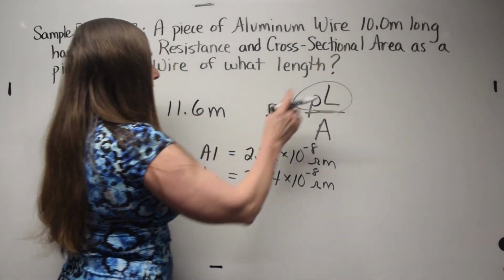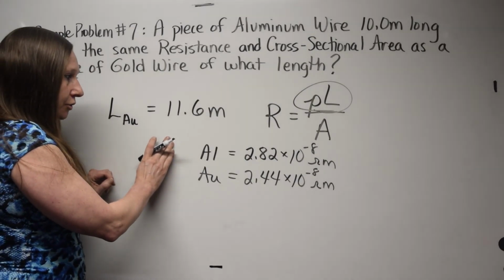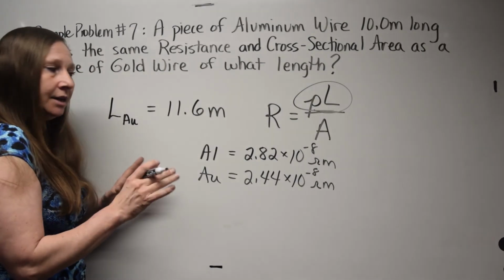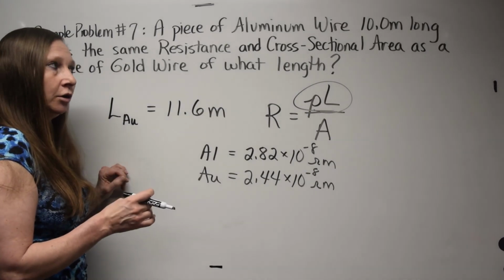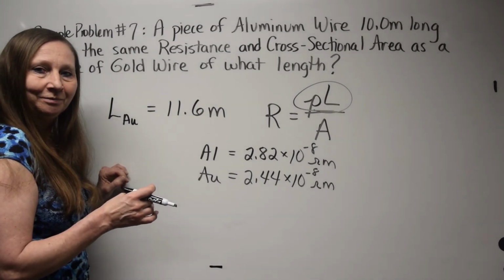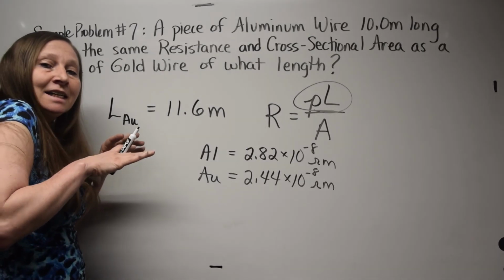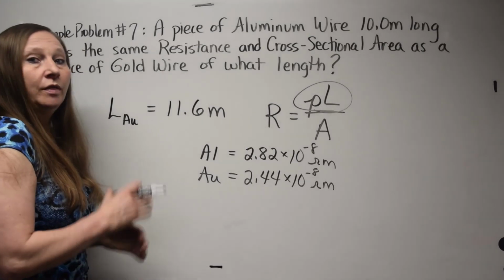It went from 10 meters to 11.6 meters. So it makes sense that the length of the gold wire would be a little bit longer than the aluminum wire. So we've done a nice little check on all that math that we did.